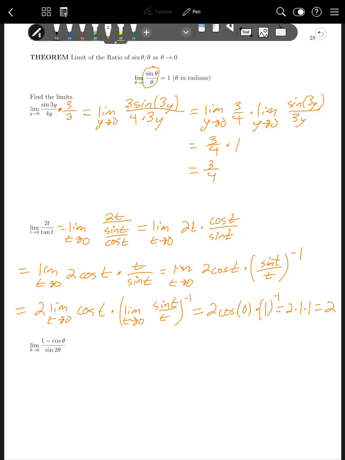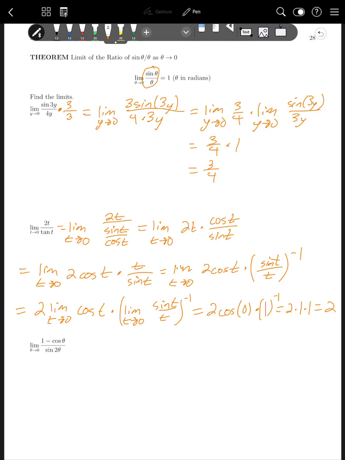So, for example, here we have a sine of 2 theta, which makes you think that you may want to use one of your trig identities for sine of 2 theta.